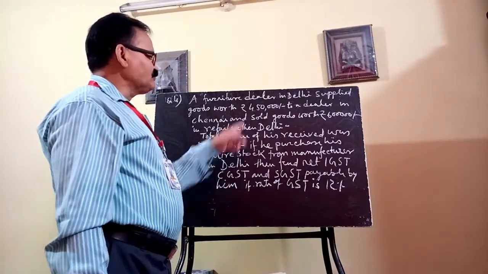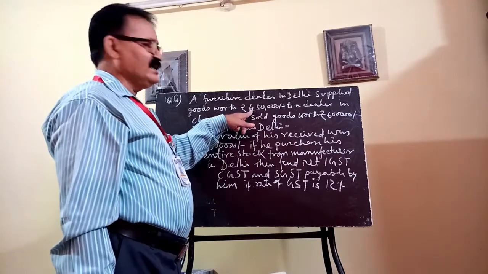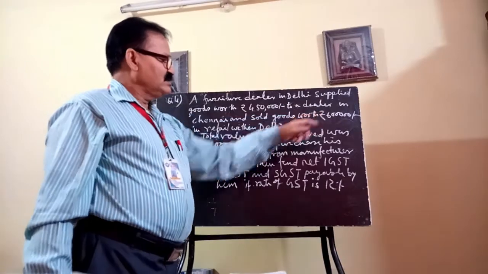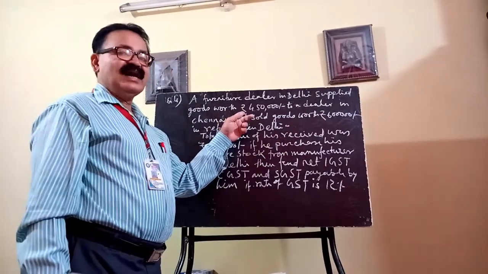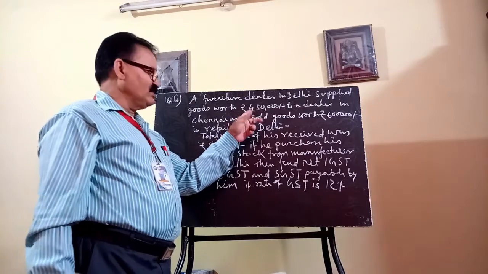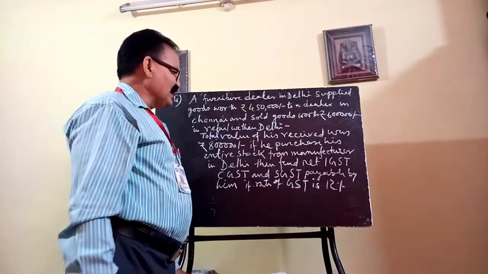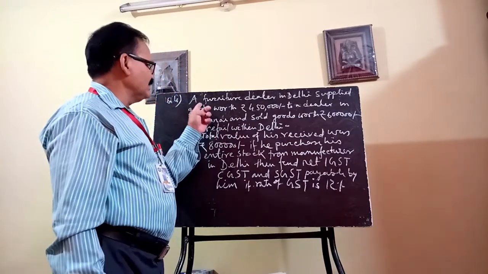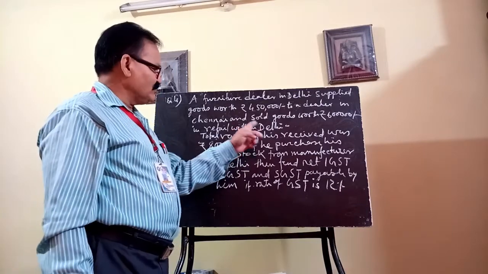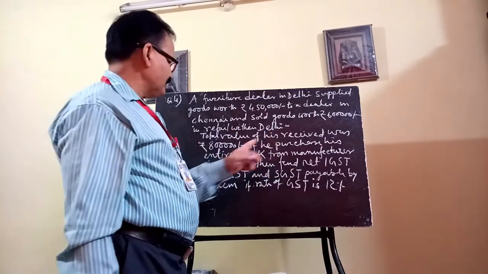So this 4,50,000 is your interstate transaction, and these are definitely output tax. Here IGST will be calculated, and then another 6 lakh he sold, that dealer of Delhi sold to the retailer of Delhi itself. Total value of his receipt was 8 lakh.